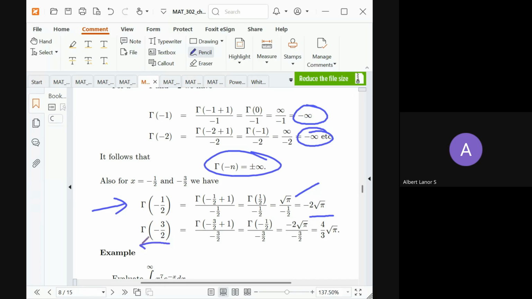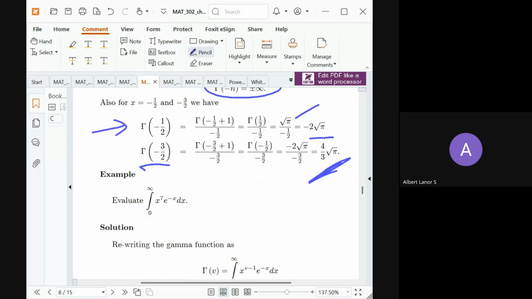Then gamma of minus 3 on 2 is gamma of the number plus 1 divided by the number, so minus 3 over 2 plus 1 over minus 3 on 2. The gamma of all that is 4 over 3 root pi. So in conclusion, you are not able to find the gamma of the negative integer values, but you are able to find the gamma of the half ones.